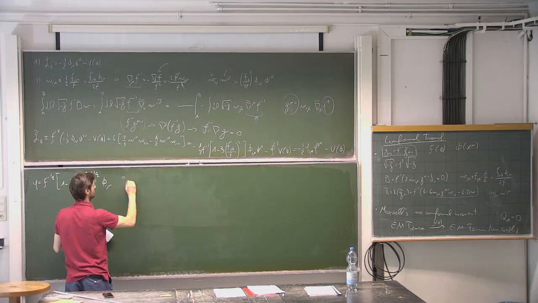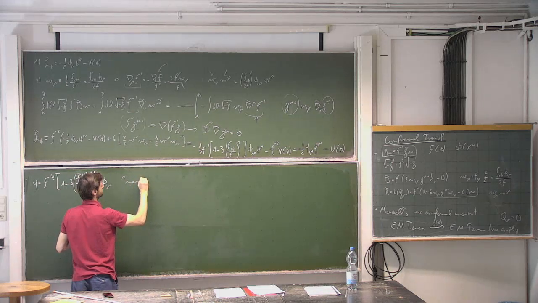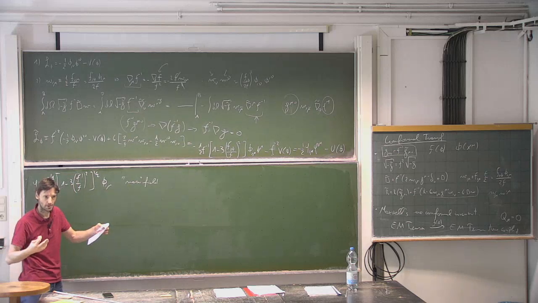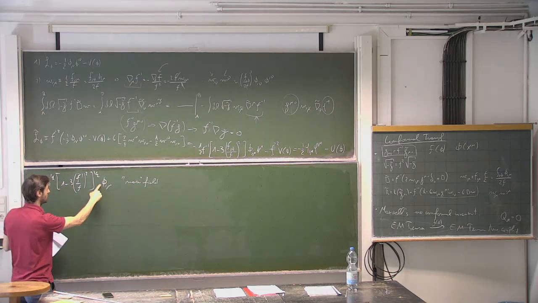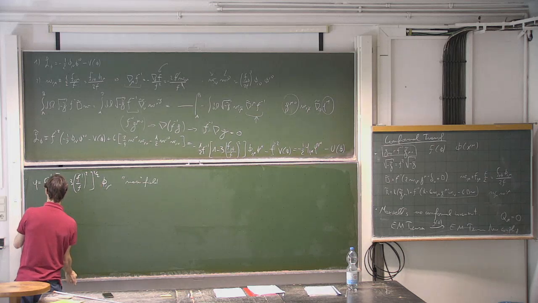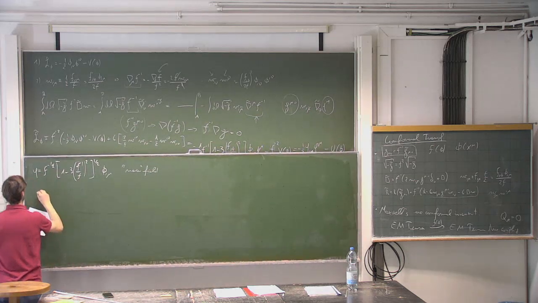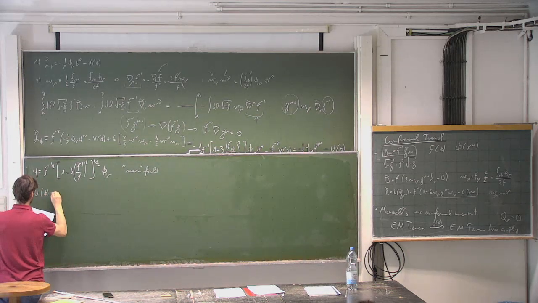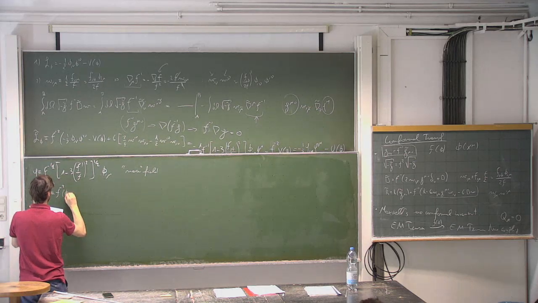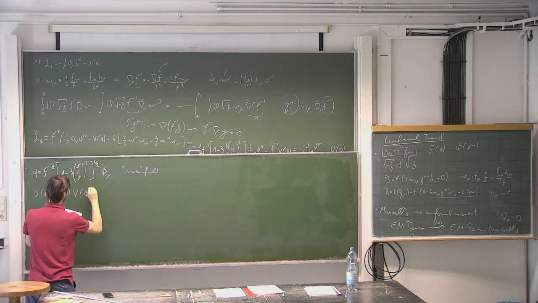That's the new field. I say new because it's not new, okay? It's just a rephrasing of this. This is a fixed function, and this is the real field. And the potential U of phi is just defined, so that's just a definition, as f to the minus 2 of phi times V of phi.